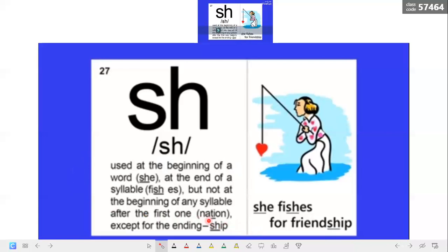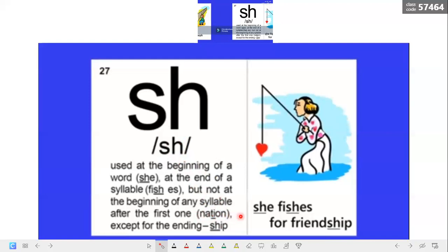And this explains why the word "nation" has the same sound "sh," but using TI, because this syllable is the beginning of a syllable. So we cannot start a syllable with SH as "sh," but it should be a different way. So we use TI to give the same sound. We say nation.